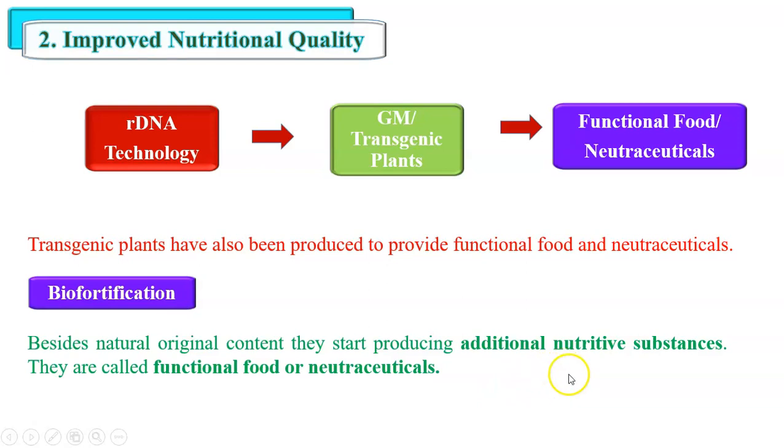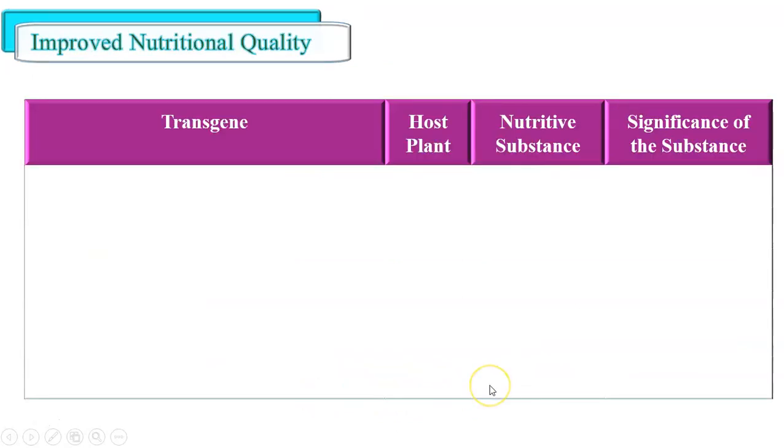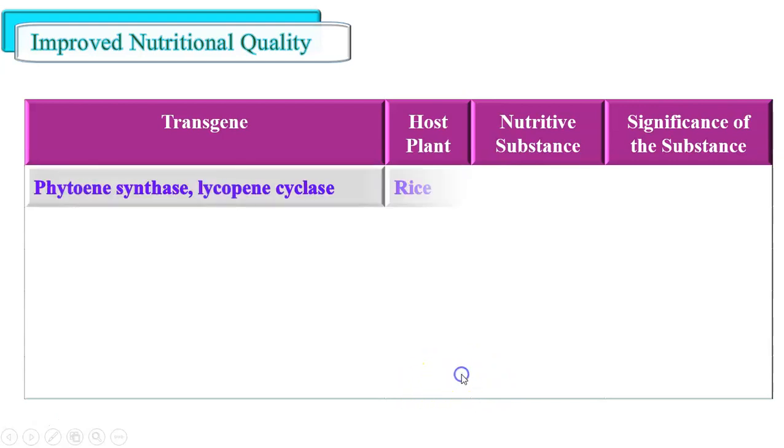Otherwise, the deficiency of that nutrient may give rise to a disease, but that disease gets avoided due to this fortified food. We will understand the examples of such biofortified foods.